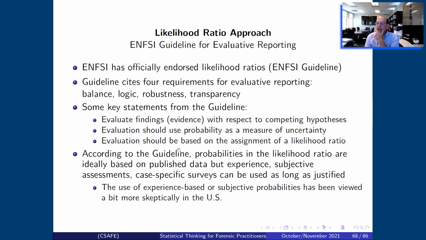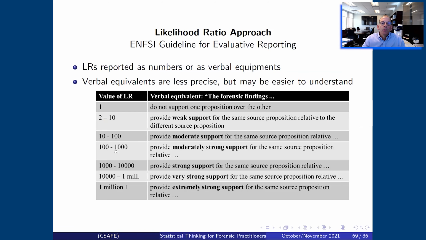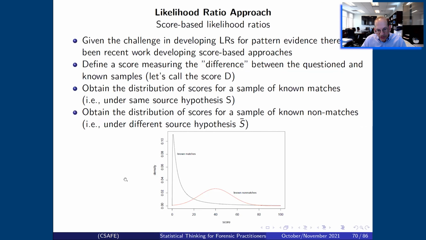Most people in the US who talk about likelihood ratios find subjective likelihood ratios a little bit frightening. So I won't say more about it other than to say some people think that's a way to go. The European guideline also provides a verbal equivalence to likelihood ratios, which you can see here. Again, good to know, not something we can talk about in more detail.